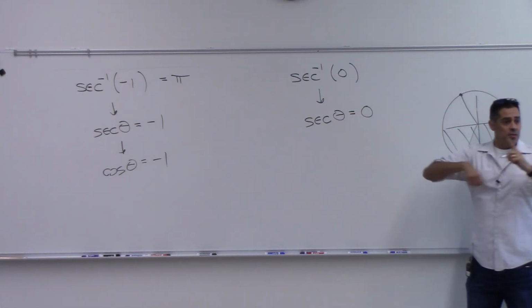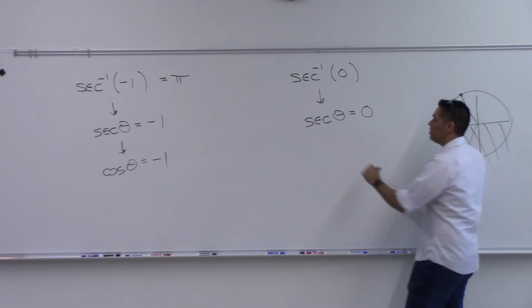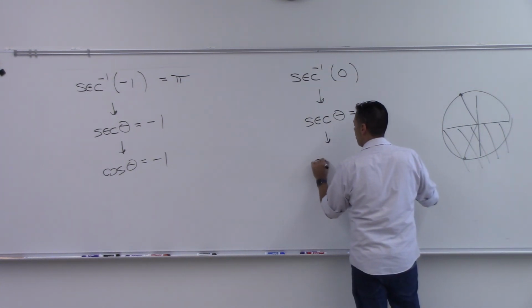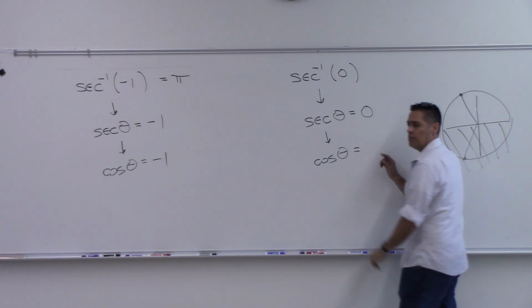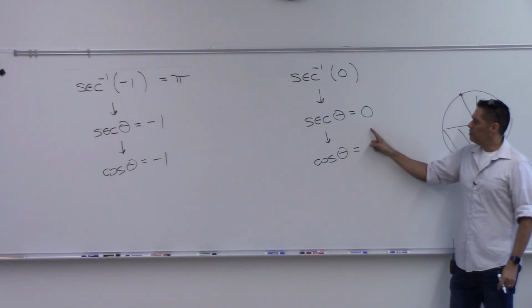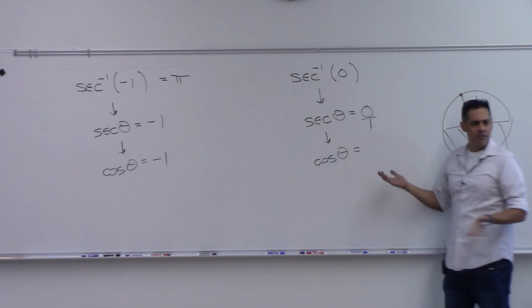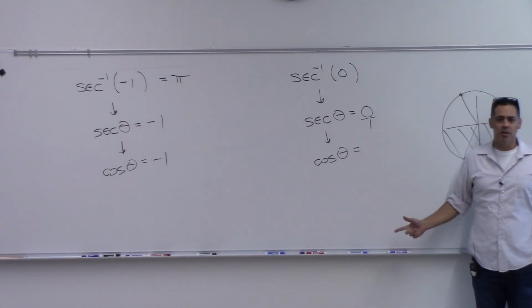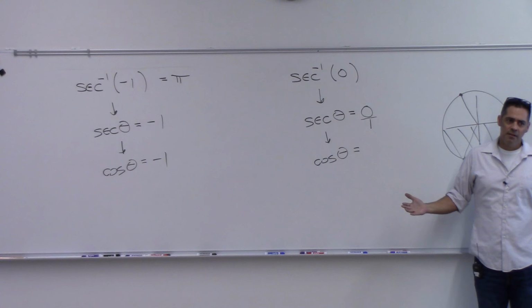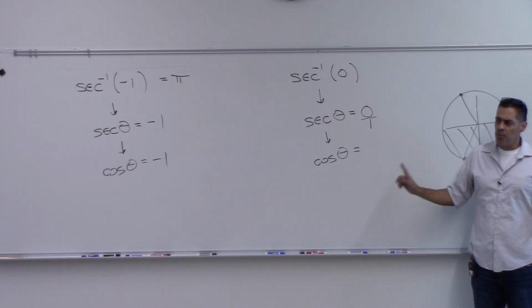But secant is the reciprocal of cosine, right? So this is really saying, where is cosine of some angle equal to, hold on. 0 is the same as 0 over 1. Do the reciprocal of that, and what do you get? Undefined. There's a problem.